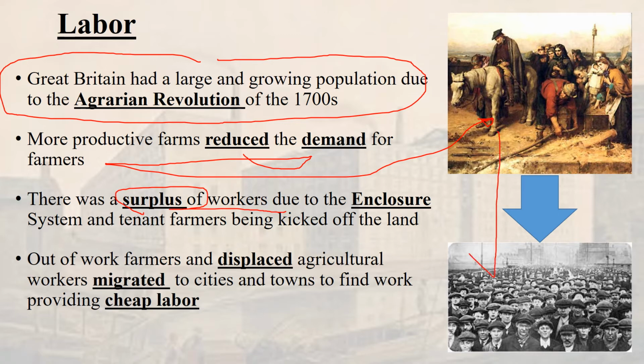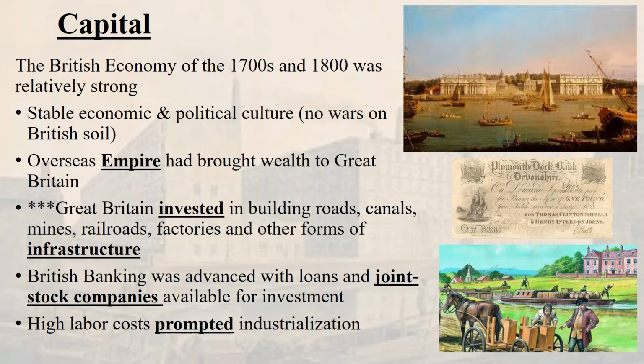These displaced agricultural workers migrate to the cities and towns to find work, providing a cheap source of labor. Because the whole idea of the Industrial Revolution is these people wanted to make a profit. And so you don't want to pay your workers a lot. So the farmers then become the factory workers.